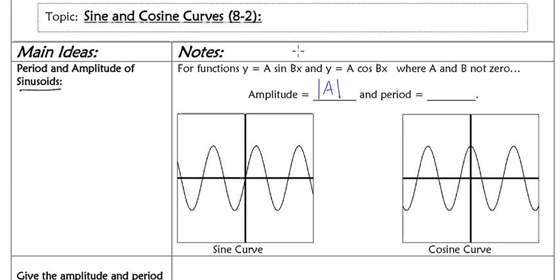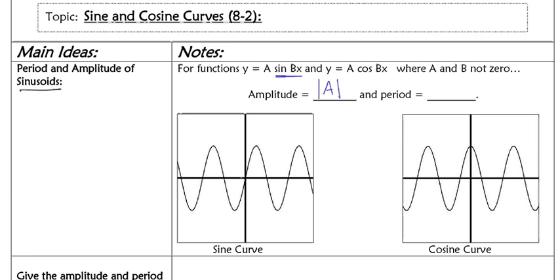Remember, this is the output after you've done sine times bx, and that a will affect your y values. They'll either get much higher if it's greater than 1, or they'll get smaller if it's a fraction less than 1 or decimal. If it is a negative number, then it'll be reflected over the x-axis, but still by that absolute value of a. And so amplitude, again, is going to be the absolute value of a there.